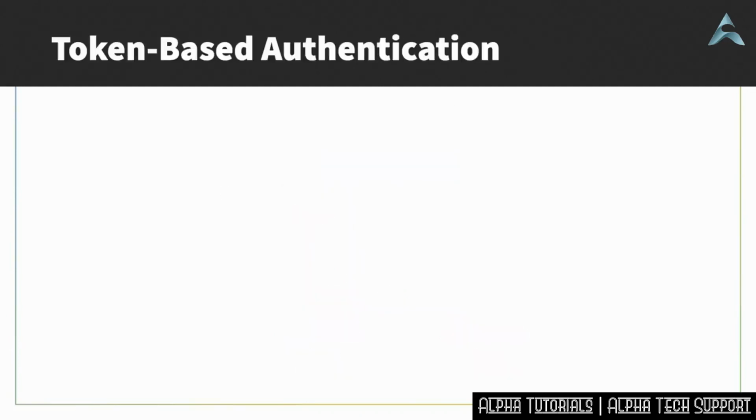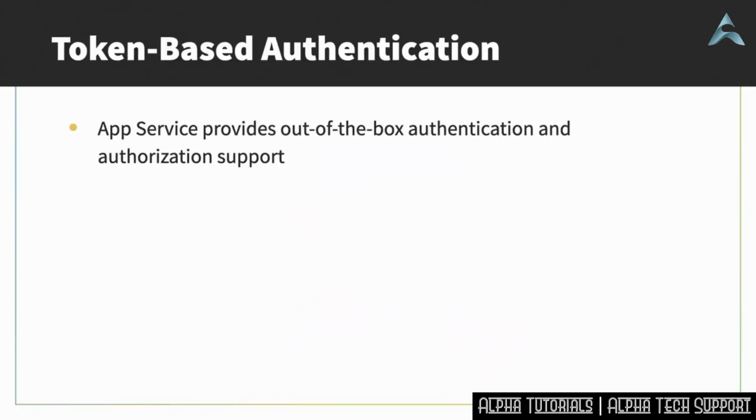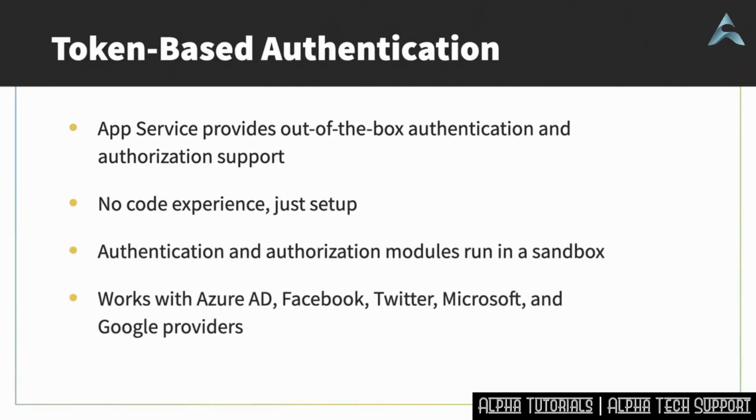What about App Service? App Service is an amazing service. We already covered it extensively here. And you even have the option, in a very simple configuration, to configure authentication with Azure AD. It also works with other providers, not just Azure AD. It also works with Facebook, Twitter, Microsoft consumer accounts, Google accounts. And all this is done by out-of-the-box configuration. There is no code needed to do this.